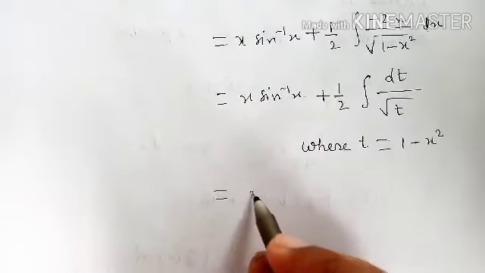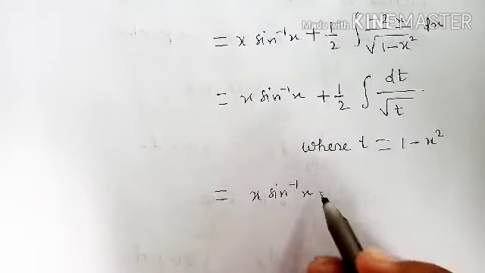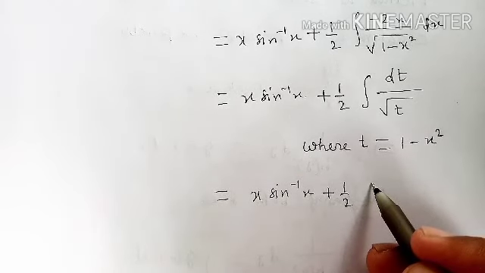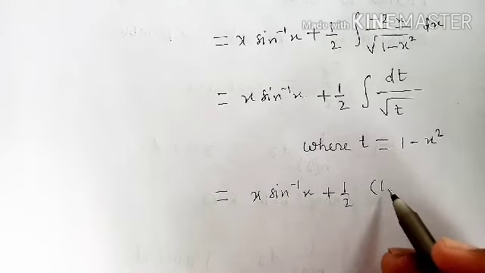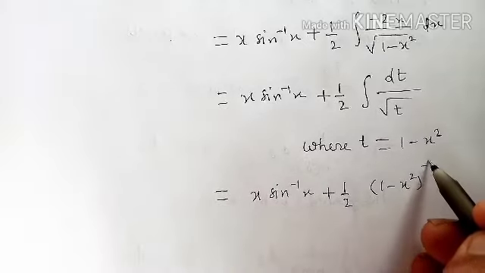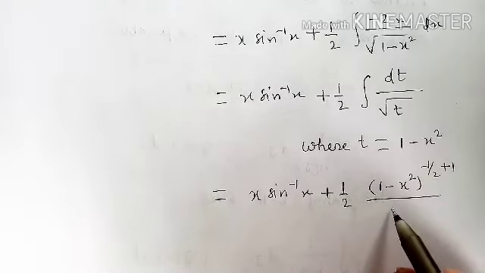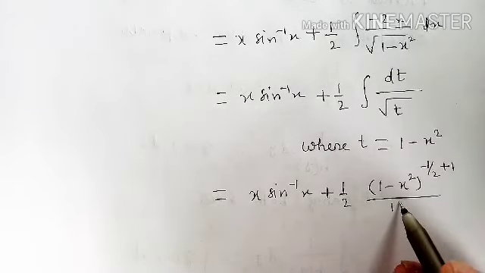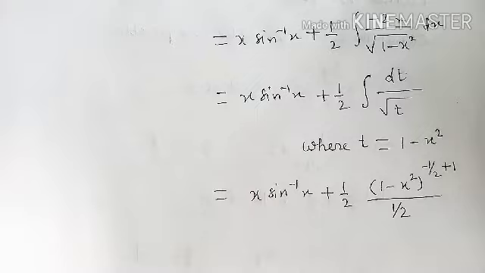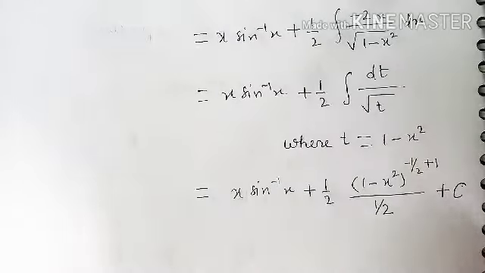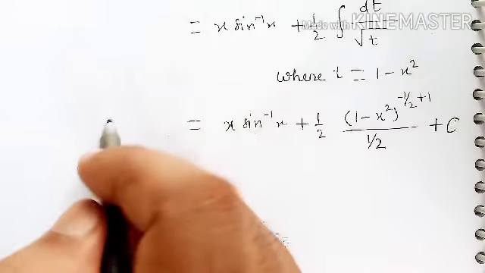So this becomes equal to x sin inverse x plus 1 by 2 t to the power minus 1 by 2 plus 1. So 1 minus x square to the power minus 1 by 2 plus 1. We divide with this one, minus 1 by 2 plus 1, that is 1 by 2, plus integral constant c.